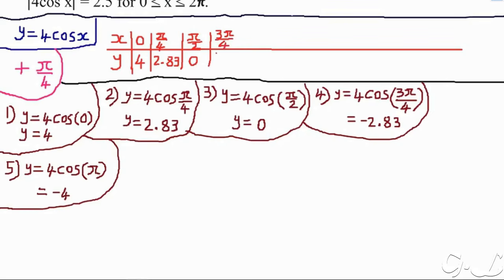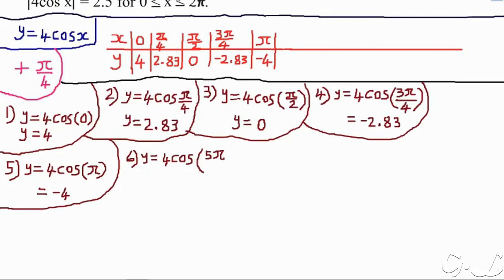So we have written 3 pi over 4 and then negative 2.83, and then pi and negative 4. Now pi plus pi over 4 gives you 5 pi over 4.